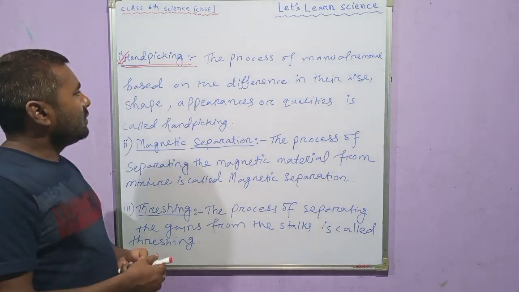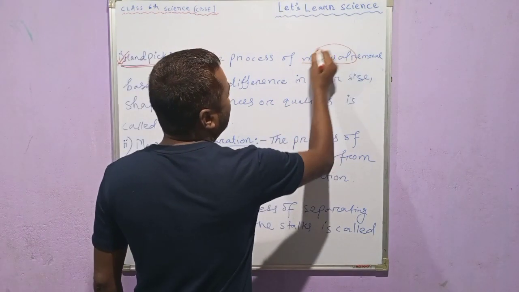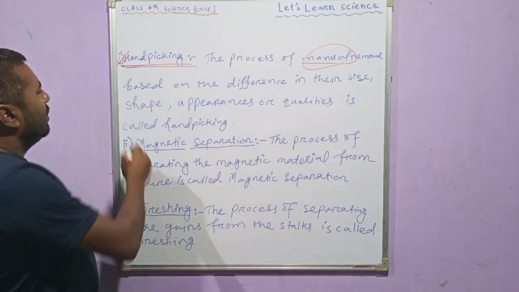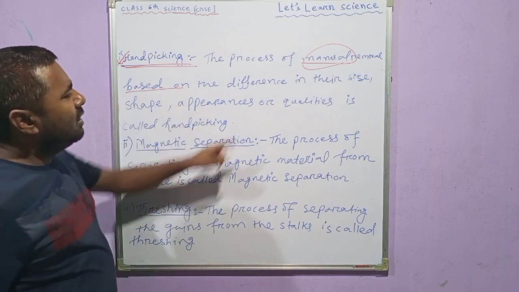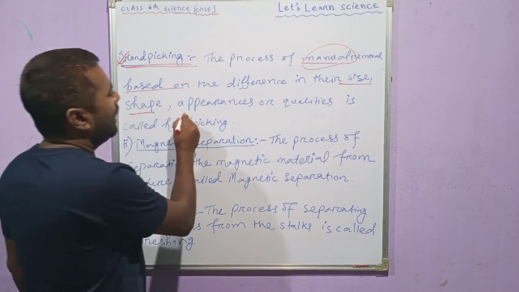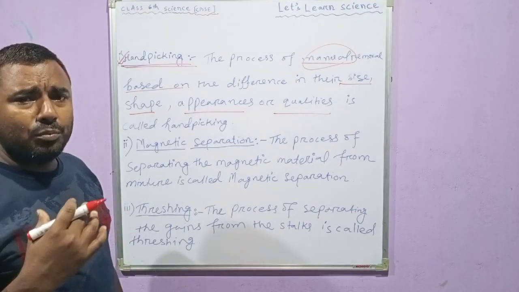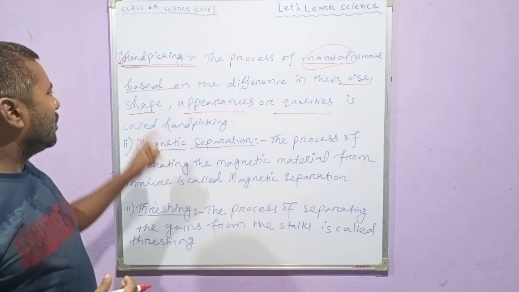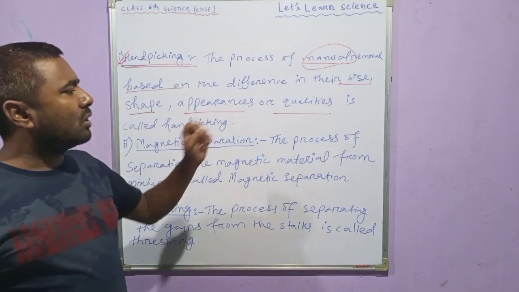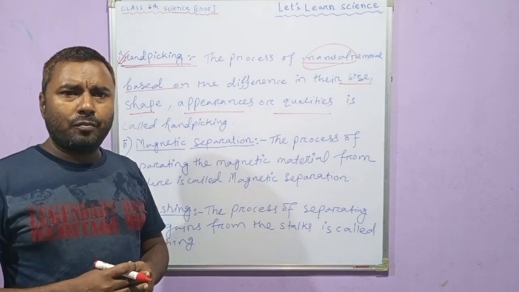So, as I told you, it is the process of manual removal, by hand, based on differences in size, shape, appearance or qualities. When the components of a mixture are manually separated on the basis of these physical properties, that process we call hand picking.